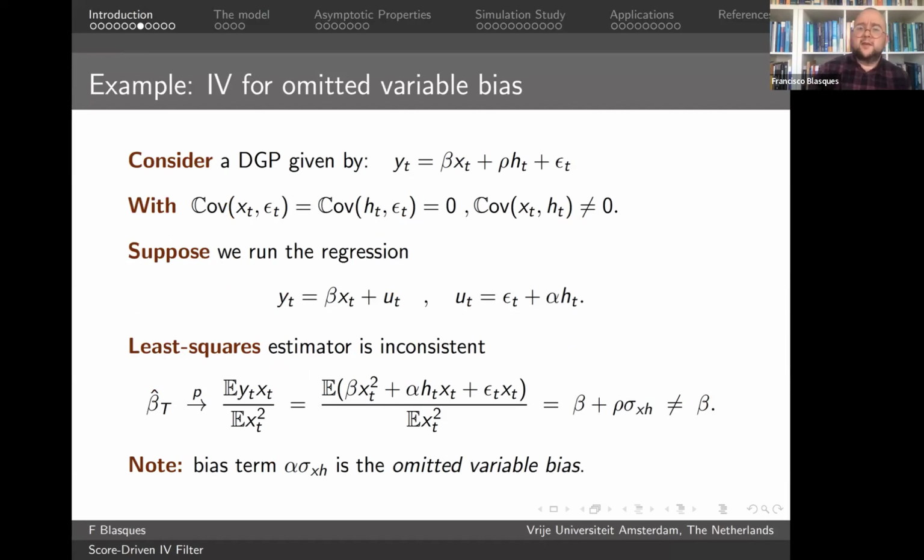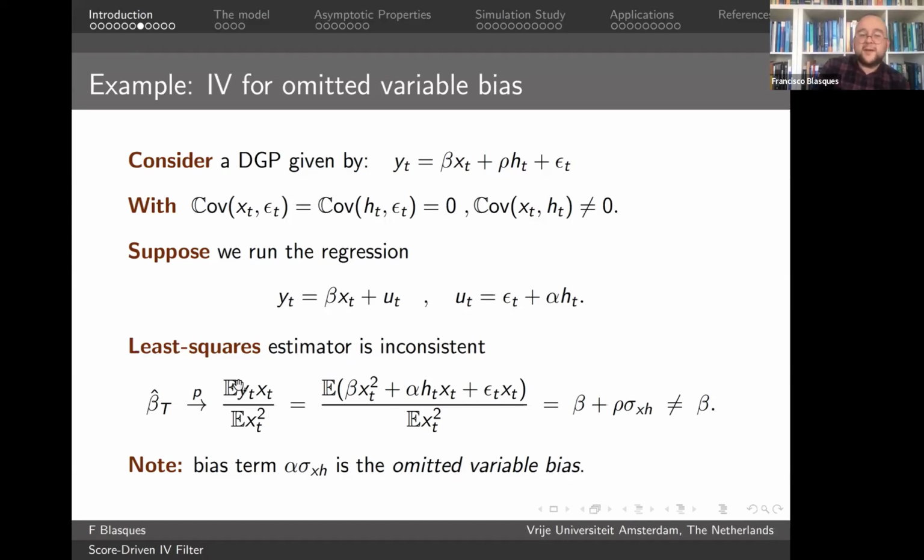So if we take here a very simple example of a y_t that depends not only on x, but also on another variable, h_t. But, well, unfortunately, I'm not aware of this, or I cannot use h_t for some reason. And so I run the regression of y on x, omitting h, and crucially, h is correlated with x.